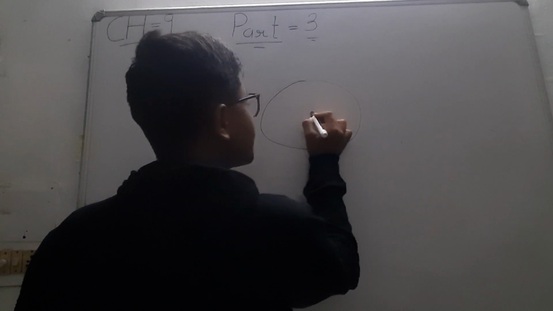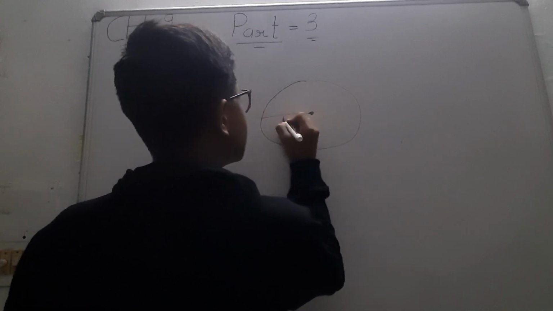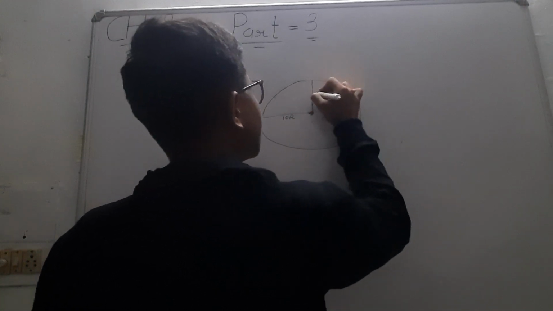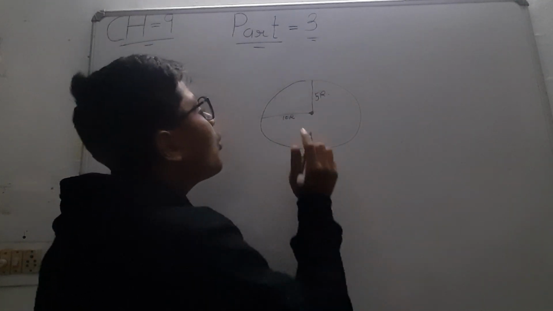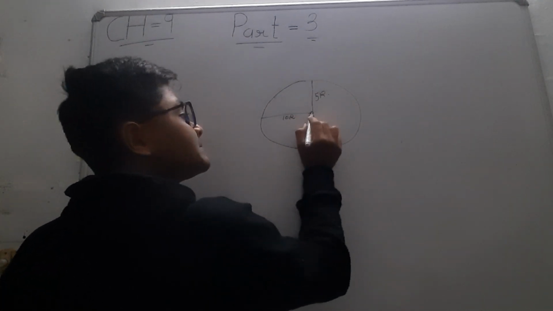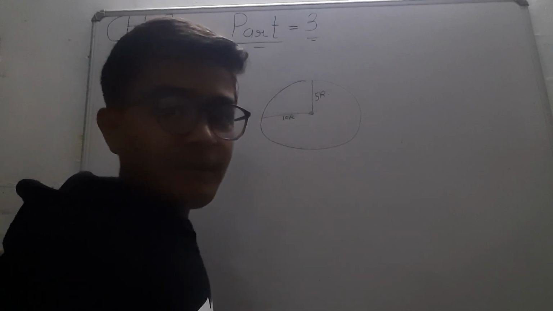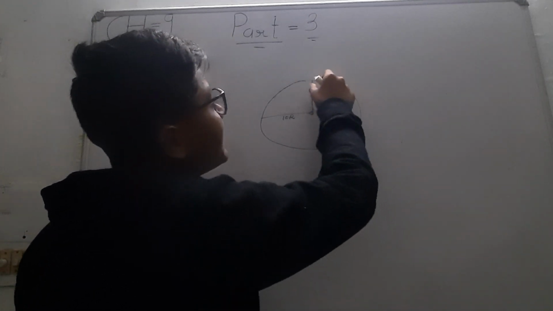This is the center. Let's take the radius here as 10 and the radius here as 5. So the core of the earth is here, and gravitational force is exerted by the center of the earth. So the center is very near to the pole.